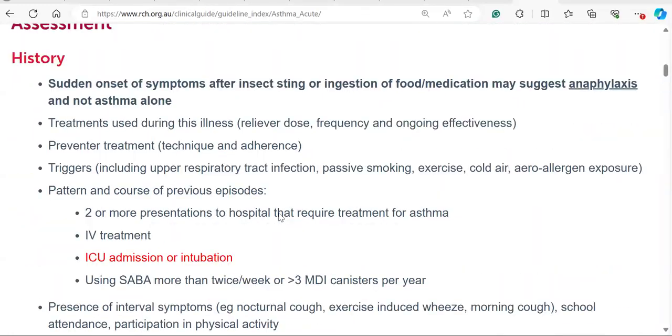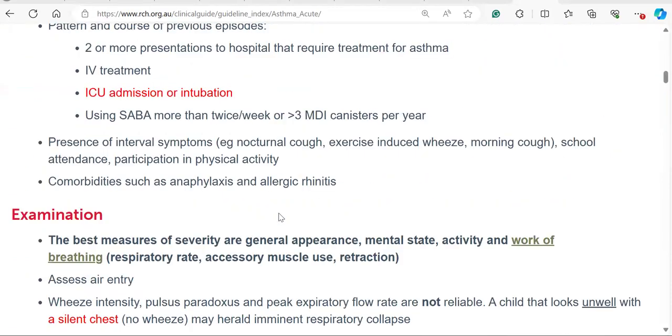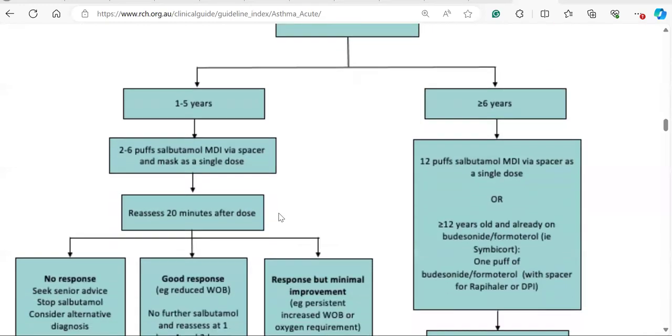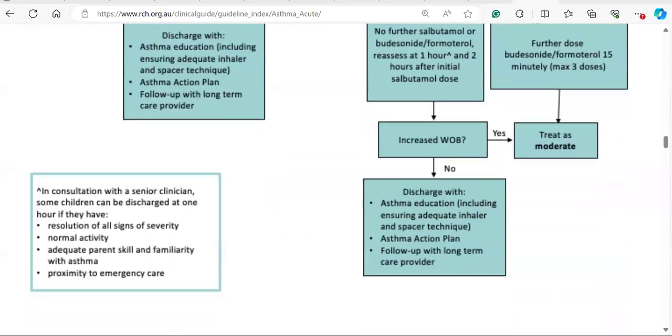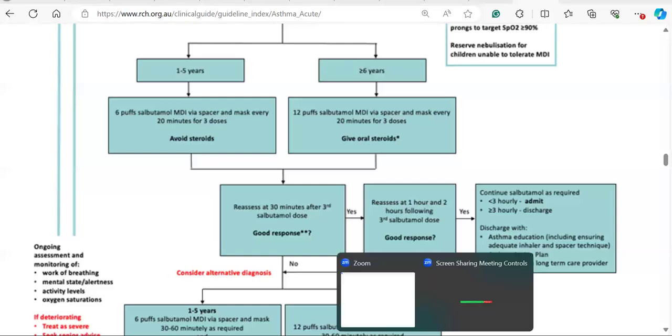So go to the acute asthma attack from RCH. Let's see the question that you have shared.